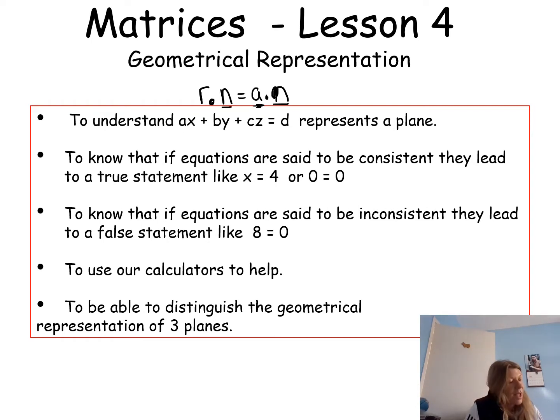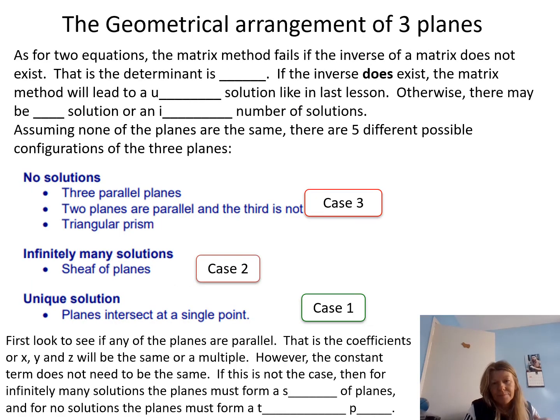We're going to be using the calculator, so make sure you've got it ready. And we've got to also be able to distinguish the geometric representation, the geometric arrangements, of our 3 planes.